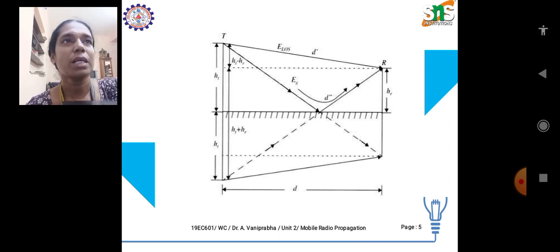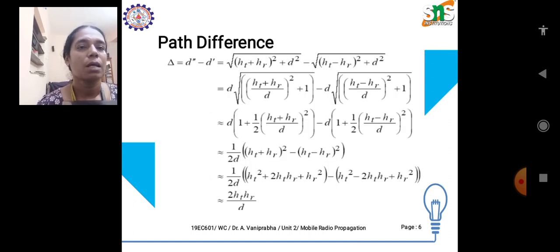And the next topic is path difference. Path difference is nothing but the difference between the direct line of sight path from the transmitter to receiver and the path from the transmitter to receiver for the reflected path. So delta is equal to d'' minus d'. Obviously, the ground reflected path d'' will be much greater than the direct path.